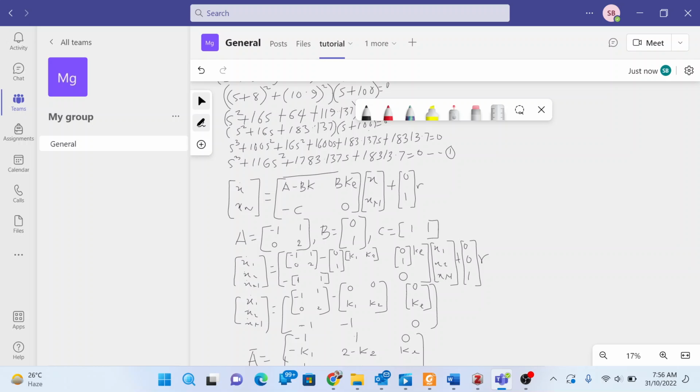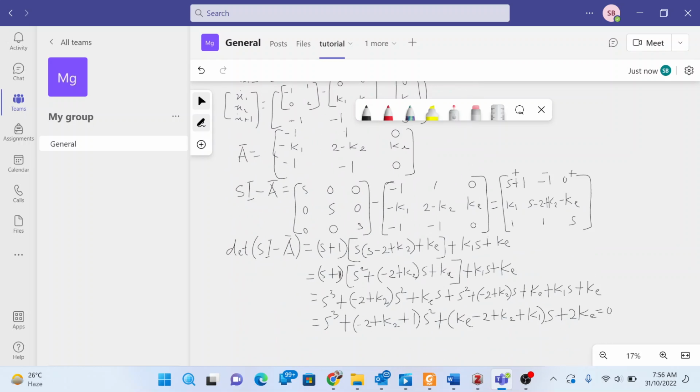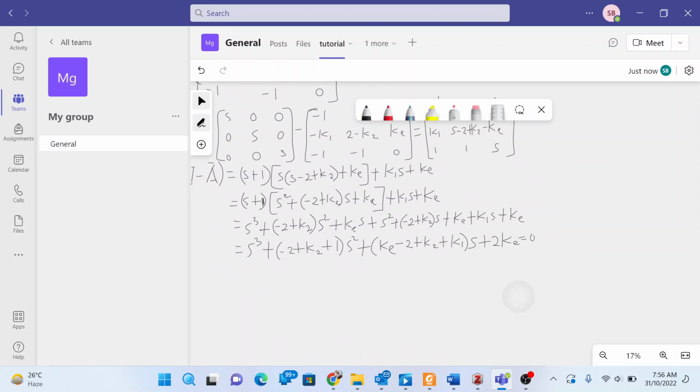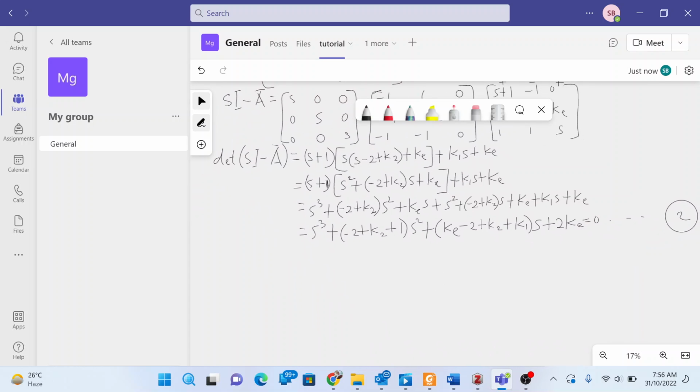So let's call this one equation 2. We'll now compare equation 1 and 2 together, so let's bring equation 2 here, equation 1 here, so that we can see them and compare them together properly.